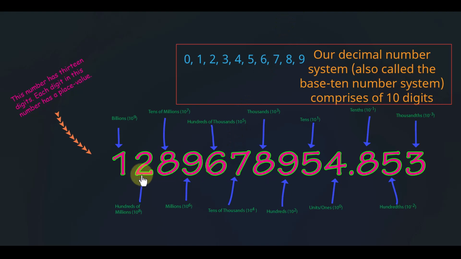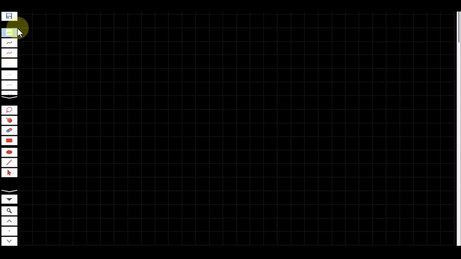So let's now take a look at this number and break it down into each of its place values. So let's now write down that number, 1,289,678,954.853.